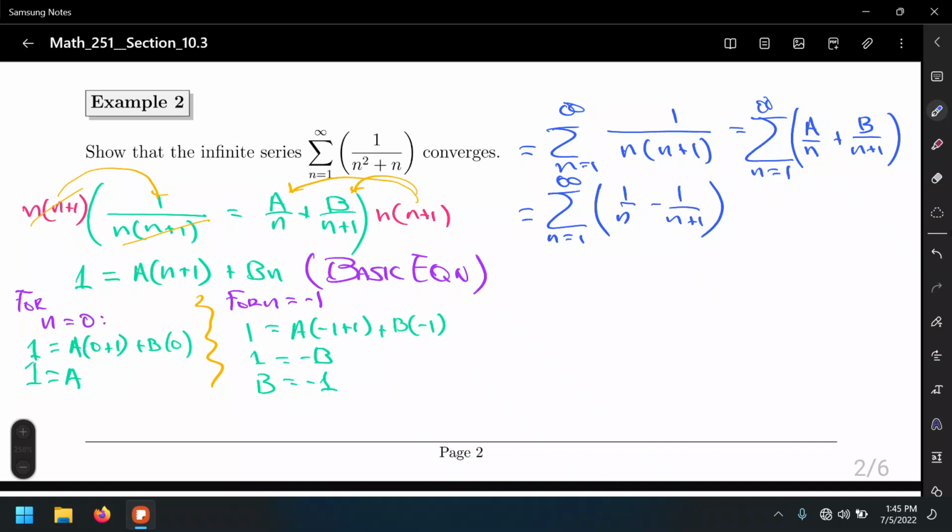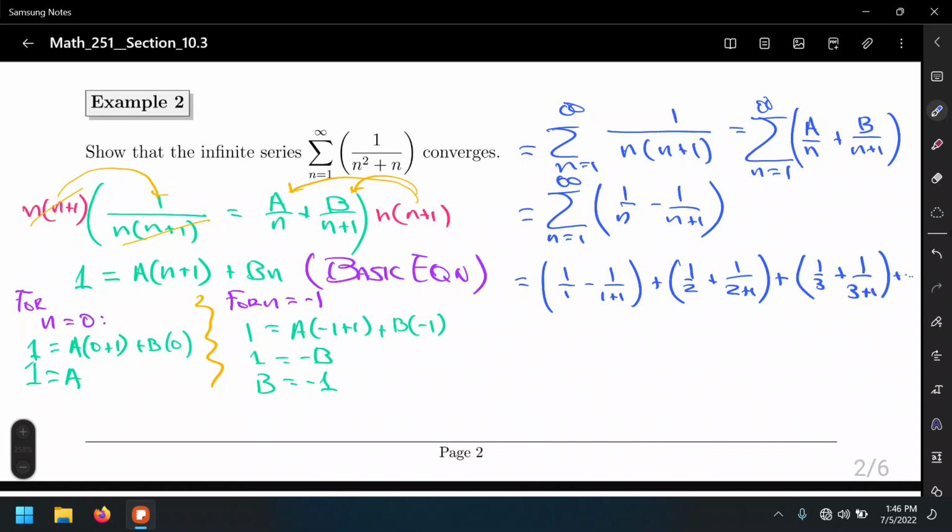If we had a different index like n equals 2, then we would start on that index. So let's start for n equals 1. That'll be 1 over 1 minus 1 over 1 plus 1, plus n equals 2, that's 1 over 2 minus 1 over 2 plus 1, plus n equals 3, 1 over 3 minus 1 over 3 plus 1.